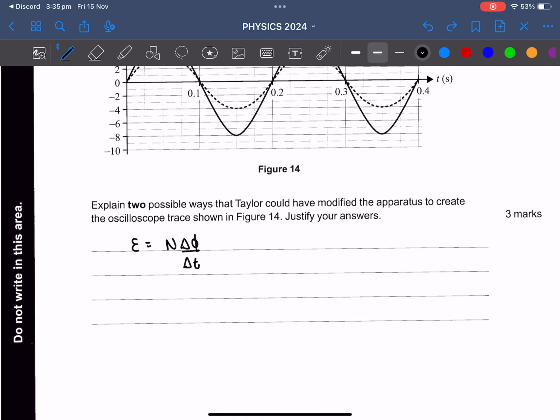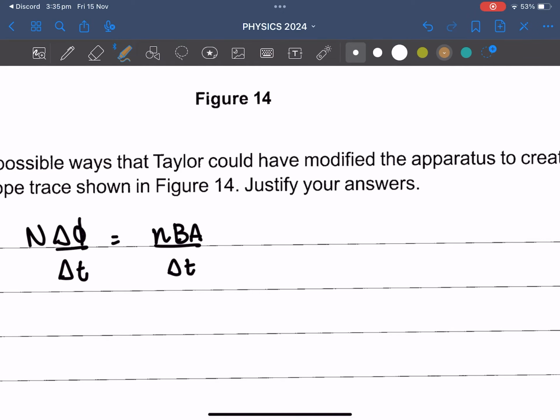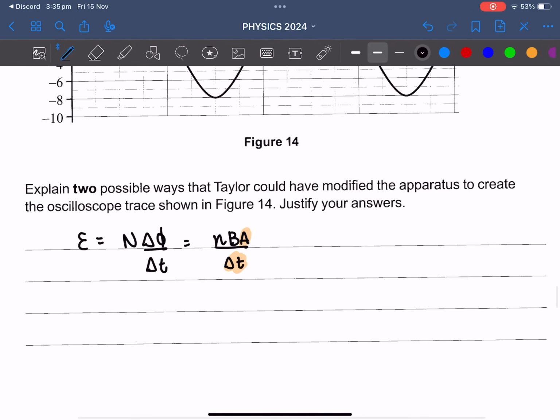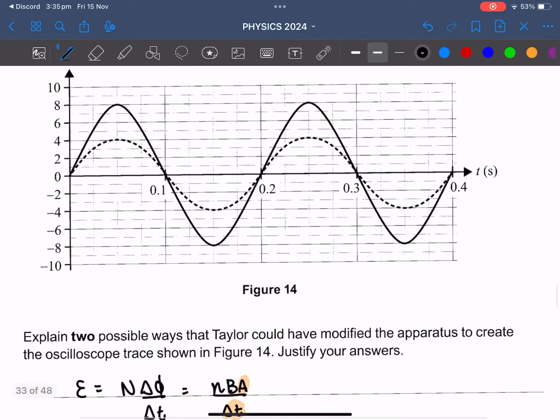So our change in flux is basically B times A, so the EMF equals n times B times A over change in time. Now, as I mentioned already, area and time are constant, so we don't have to mess with them. Here we can see that our amplitude has doubled.